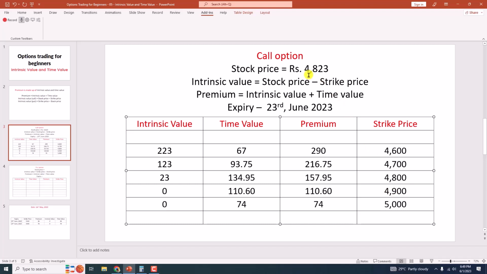Why? Because the stock itself is trading at 4,823 rupees. Why will I go to the seller and ask him to sell it to me at 4,900 rupees? I can directly buy it, correct? So what I will say to the seller is, okay, I do not want to buy at this price. Let go of the premium. I am not worried about it, but I do not want to buy at this price.